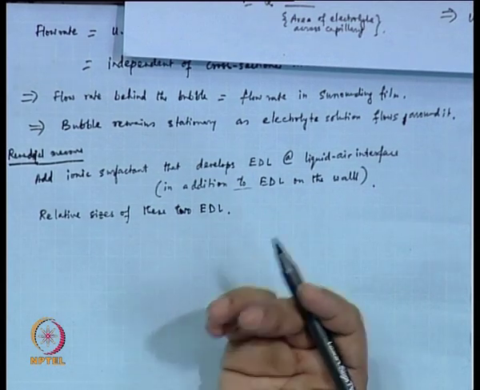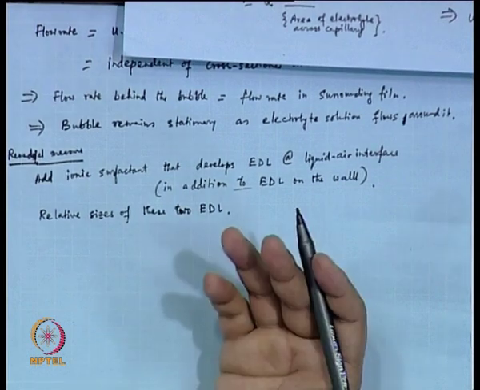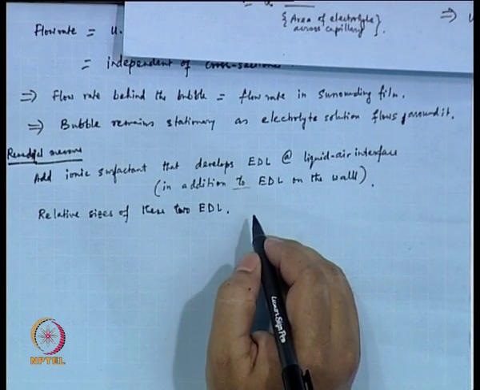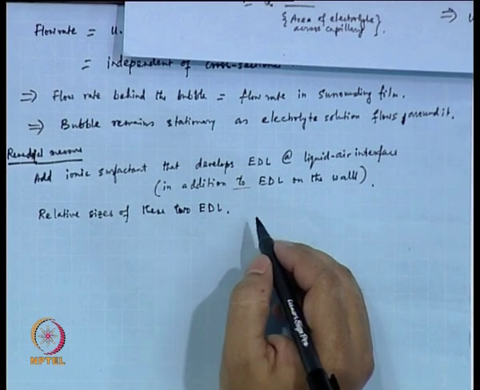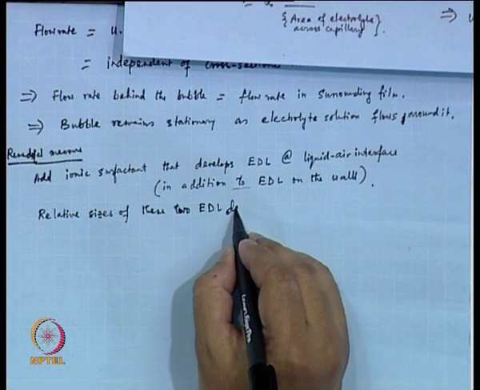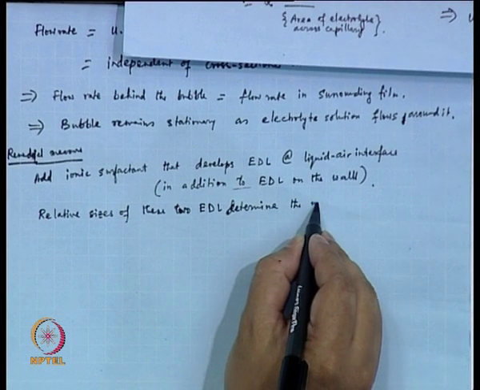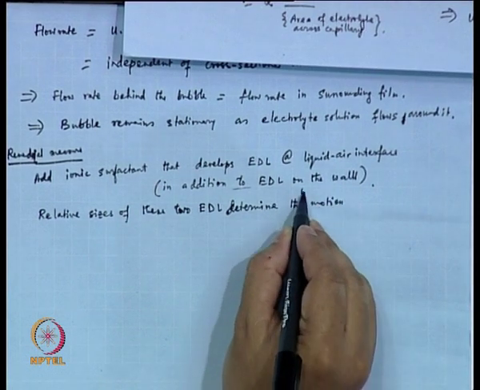So, the relative size of these two electric double layers, one at the wall, which is responsible for the electroosmotic flow, and the other at the liquid air interface, that basically determines the bubble motion.